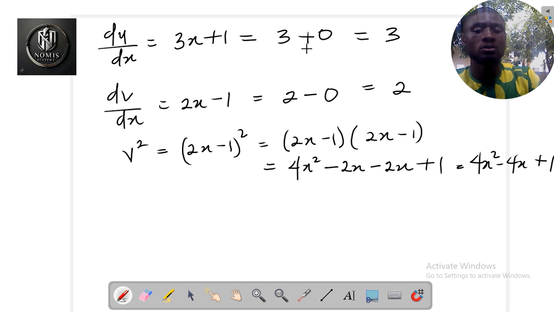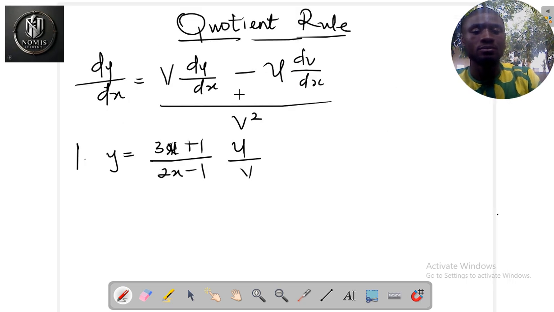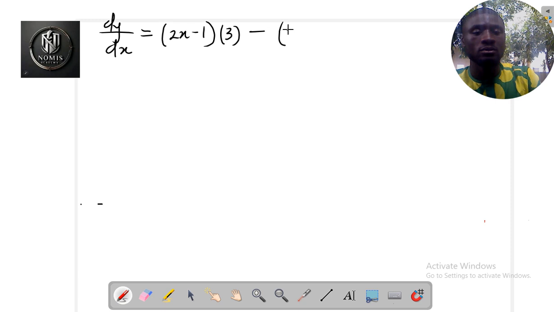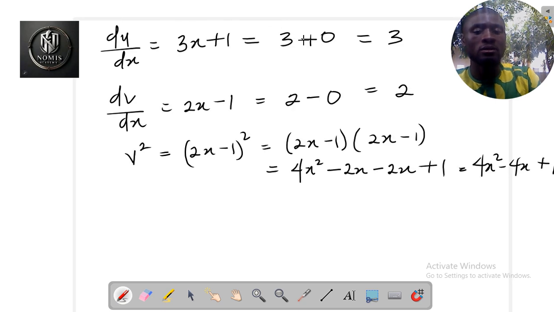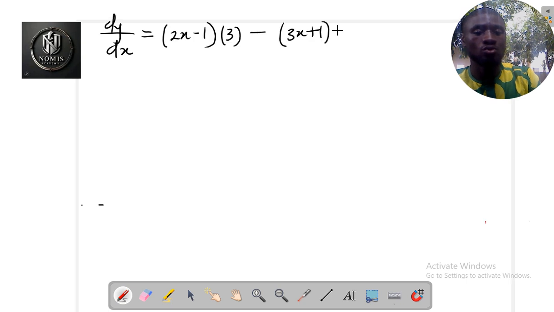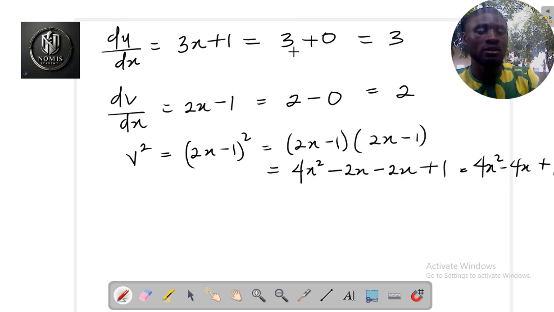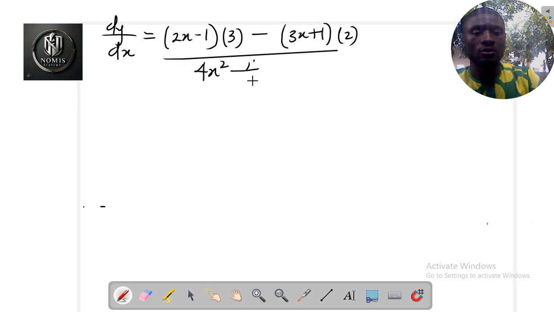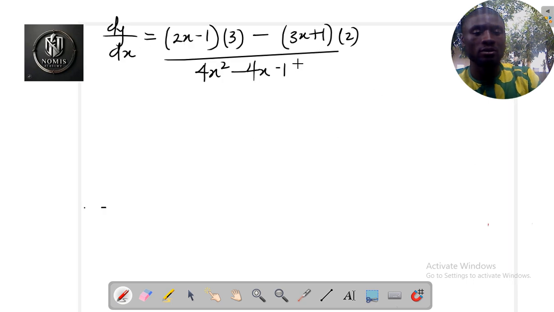What's our u? Our u is 3x plus 1. Then our dv/dx is equal to 2. Multiply by 2, all over v squared. What's our v squared? 4x squared minus 4x plus 1.